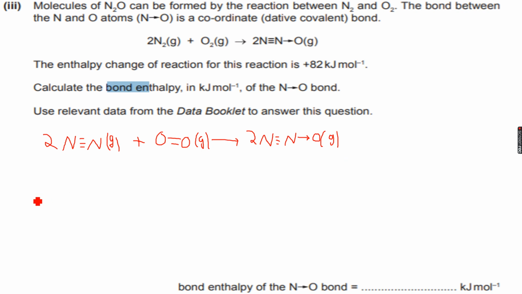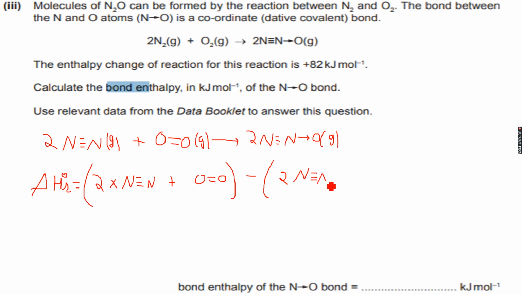So the delta H naught R for this reaction is equal to 2 times the N triple N bond plus the OO bond minus 2 times the N triple N bond, because we have the N triple N bond over here, plus 2 times the NO bond.